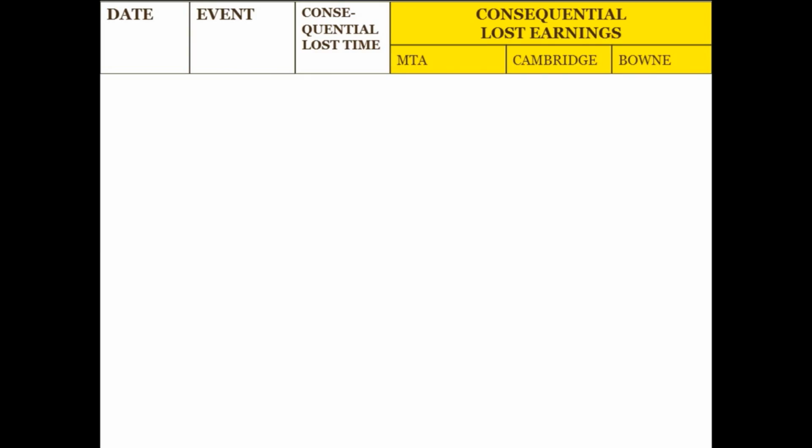So let's go to the blank lost earnings chart. And you see the difference here from the cost of treatment chart is that we have to provide for 3 different employers. We have to provide for the lost earnings in each period from each of 3 different employers.